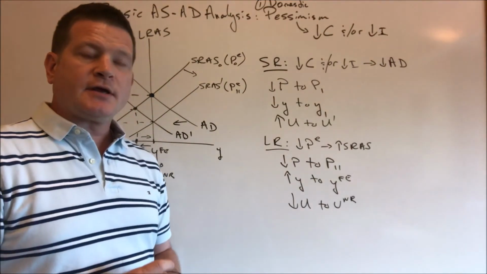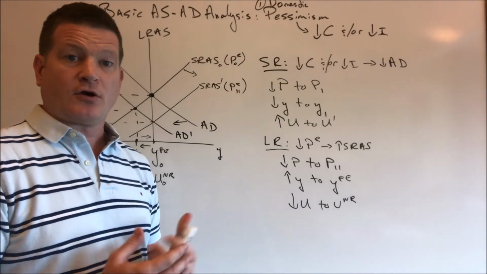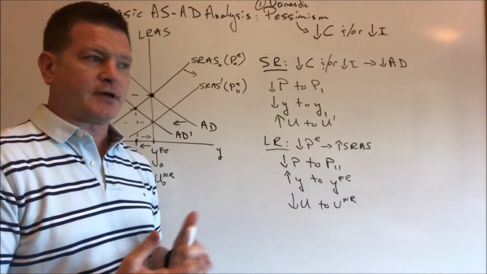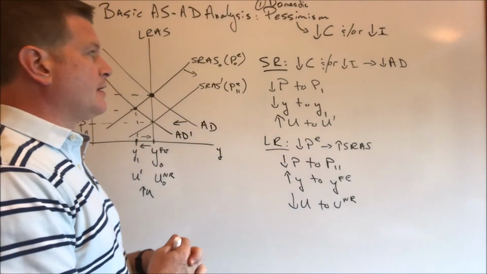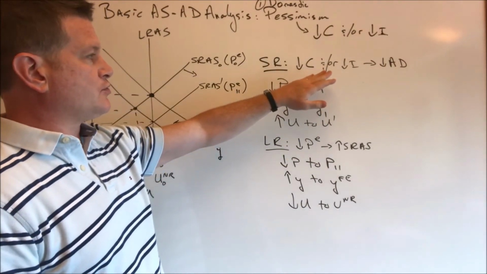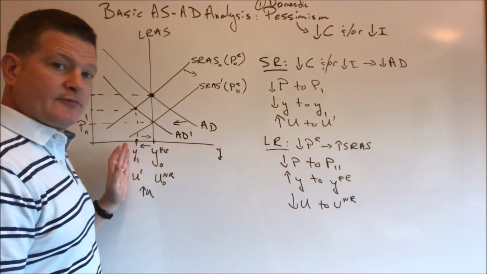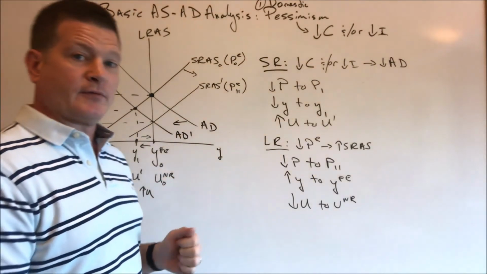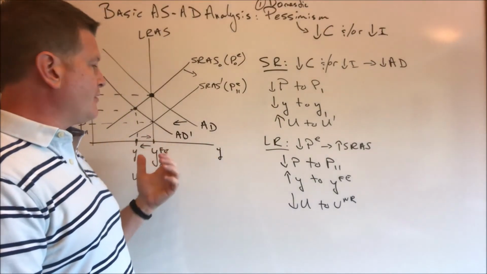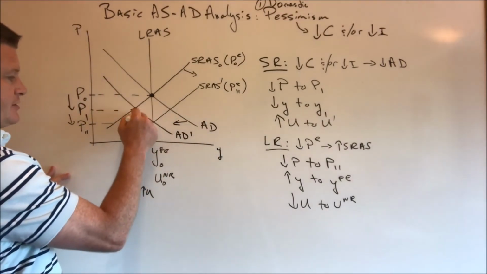What's our prediction? If there's a wave of pessimism in the economy that's long-term, that's sustainable, people become a little depressed or a little cautious or a little concerned about the economy, well, we predict in the short run a drop in aggregate demand. We think we'll see a drop in real GDP and a fall in the price level, and unemployment will rise. Over time, however, as this works its way through the system, you're in a recession here.